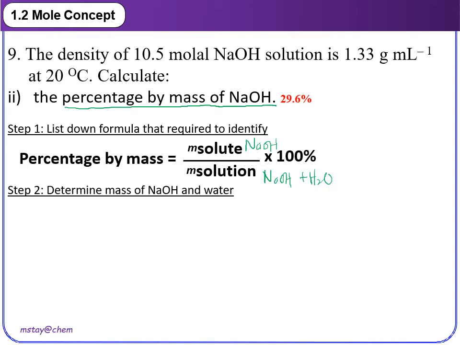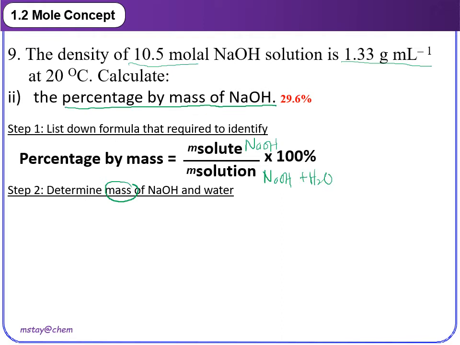Second, we have to determine the mass of NaOH and water. Based on the information given, 10.5 molar and 1.33 gram per ml, we are not able to get the mass of NaOH and water directly. So that means we have to do an assumption.